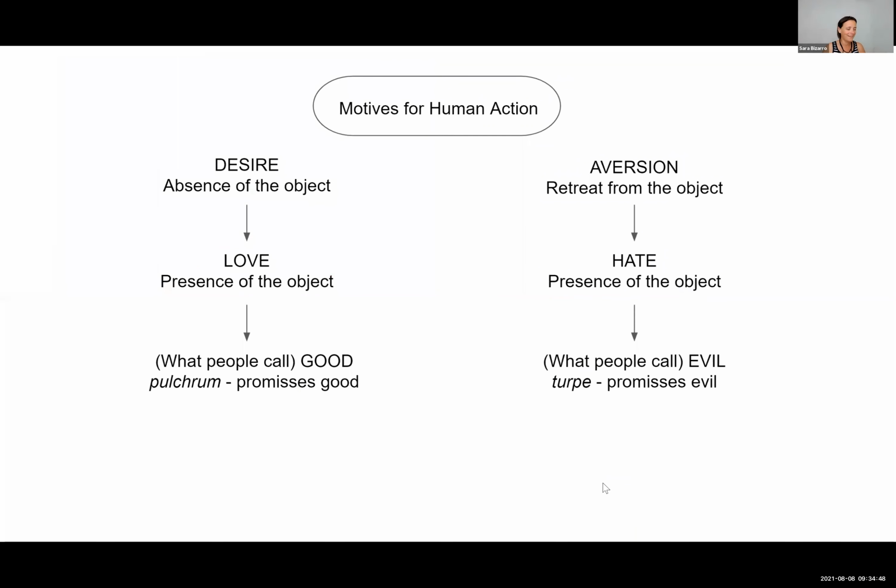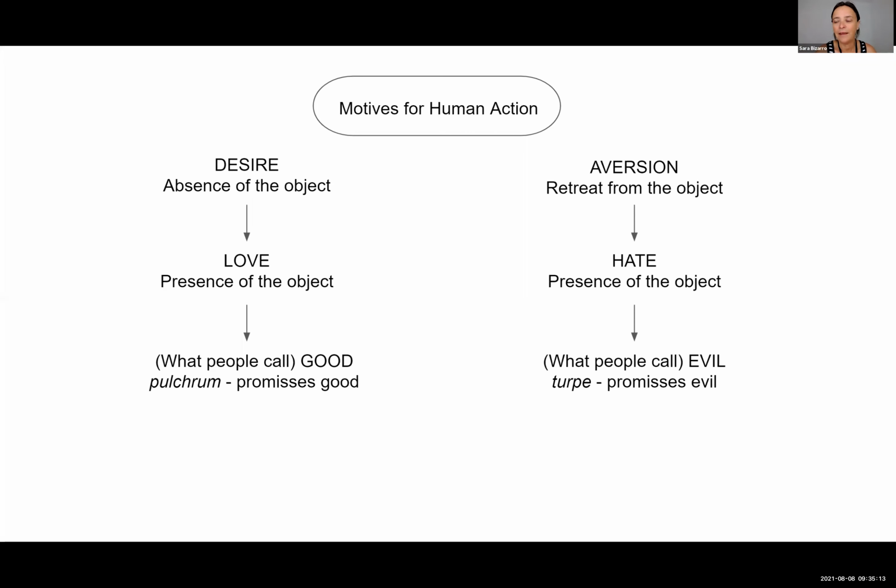All right. So I'll just do a summary of the points that I personally think are more important and interesting in the selection in this book. And in the first sections, Hobbes starts talking about motives for human action.